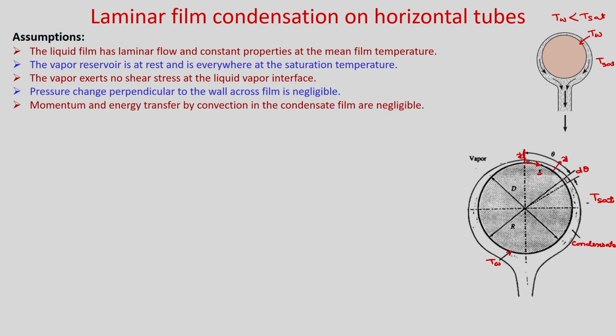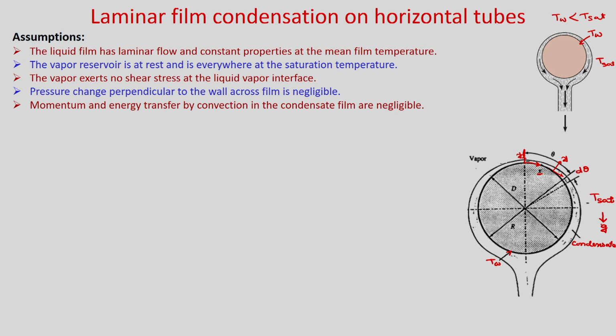In this case g acts in the vertically downward direction, but when we consider the governing equation, it will have two components, one in the tangential direction and another in the perpendicular direction.